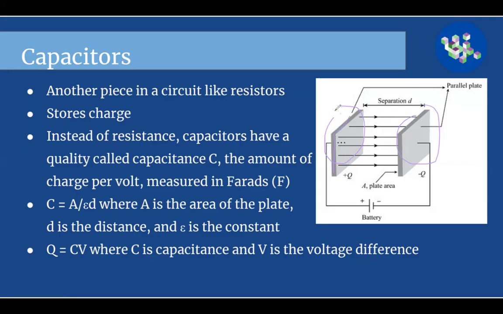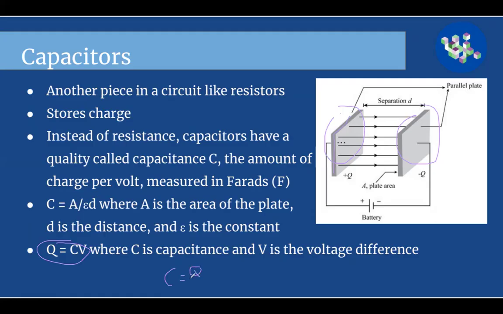And their purpose is to store charge. It has a property called capacitance, measured in farads, which is the same as charge per volt. So you have Q equals CV. This just comes from the definition of what we call capacitance. We'll just define capacitance C as Q over V.